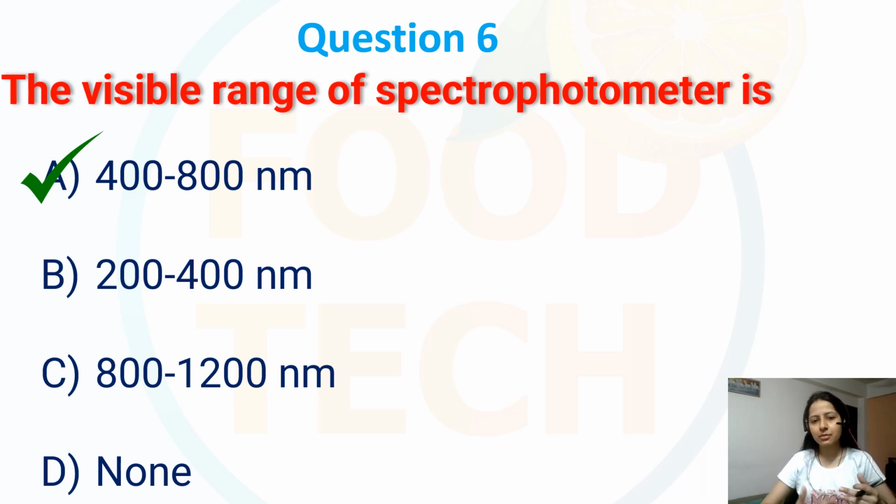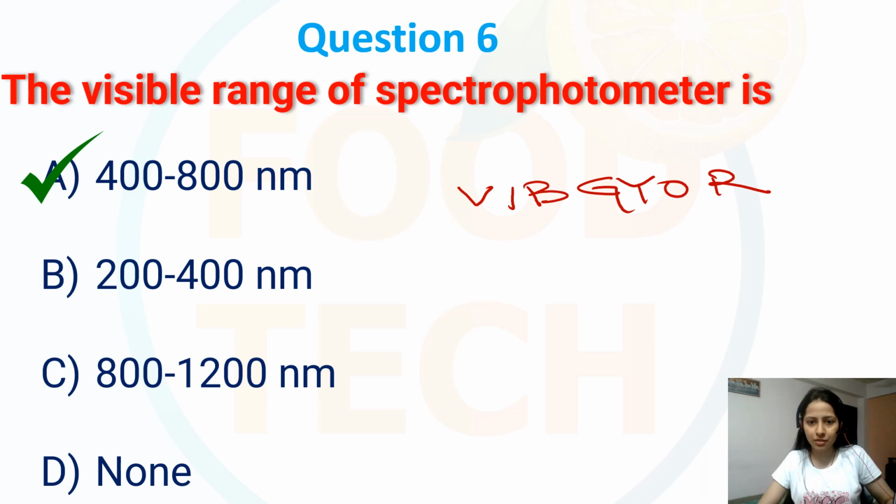This range corresponds to the wavelengths of light that are visible to the human eye. It encompasses the colors of the rainbow from violet to red. So we know a term that is VIBGYOR.